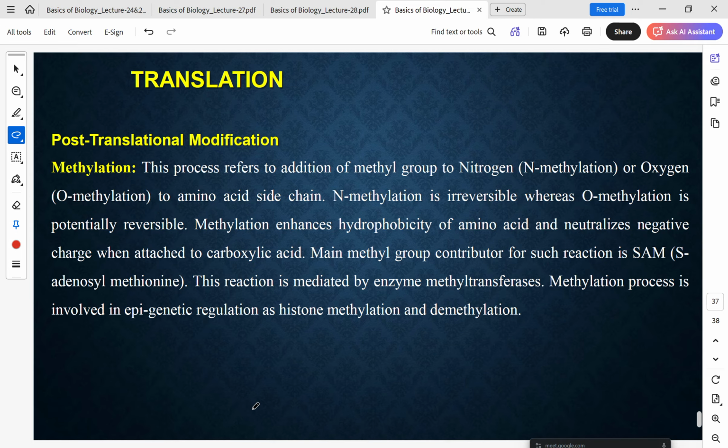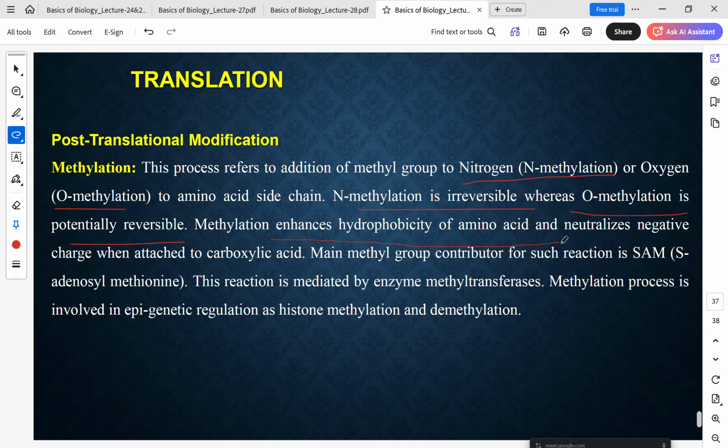Another post-translational modification is methylation, in which a methyl group can be added to the nitrogen, N-methylation, or oxygen, O-methylation, of the amino acid chain. N-methylation is irreversible, whereas O-methylation is potentially reversible, and therefore O-methylation might be a switch like phosphorylation, whereas N-methylation leads to formation of more stable products.